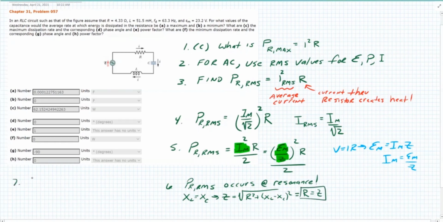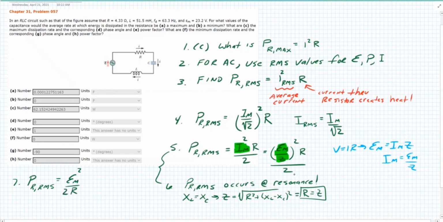Number 7, this maximum power generation by the resistor, the RMS value of power, which dissipates in the form of heat, is just going to be, look at 5 and 6. So if I look at 5 and I look at 6, it's going to equal the maximum voltage squared over R. Over 2R, I should say.